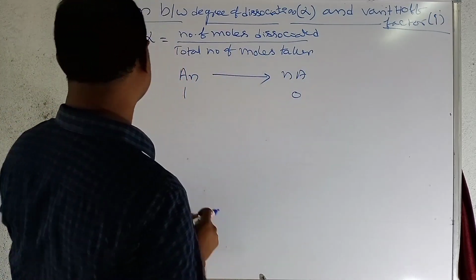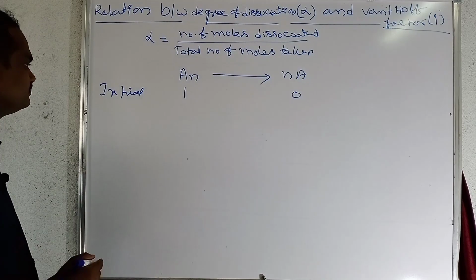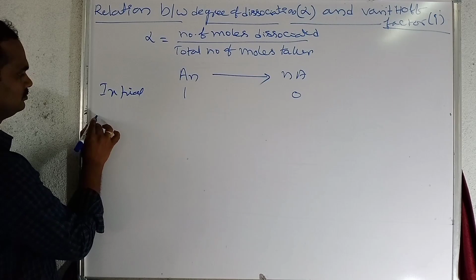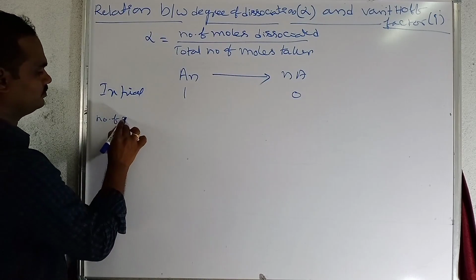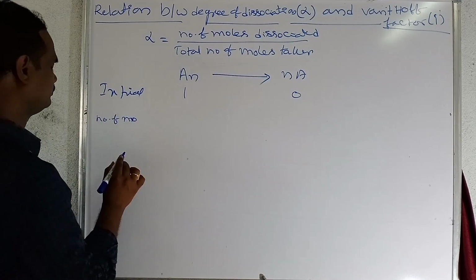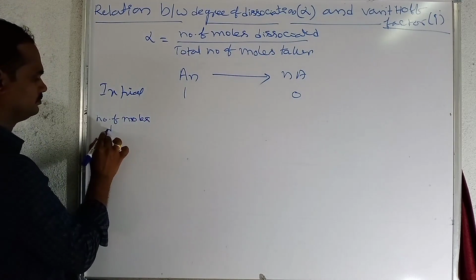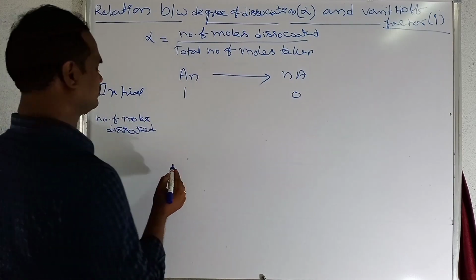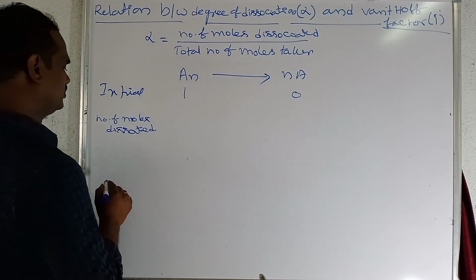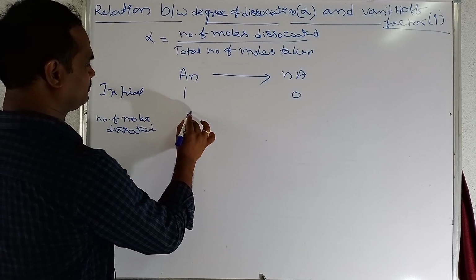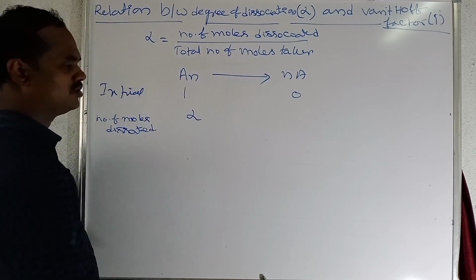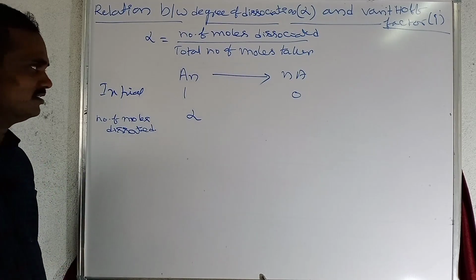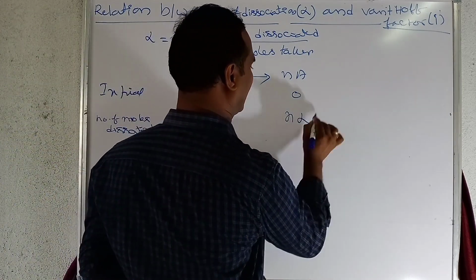Initially this is the number of moles we took. Alpha moles are dissociated, out of 1 that much fraction is dissociated. How much is obtained? n alpha.